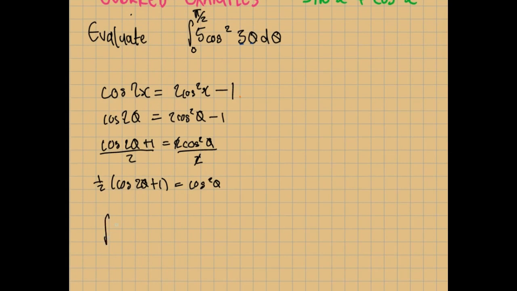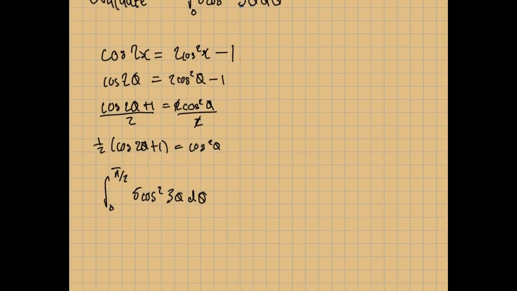So that means the integral from 0 to pi over 2 of 5 cos squared 3 theta d theta. Now, if you see something here, instead of having cos squared theta, we now have cos squared 3 theta. So in other words, wherever there's theta, we now have 3 theta, okay?